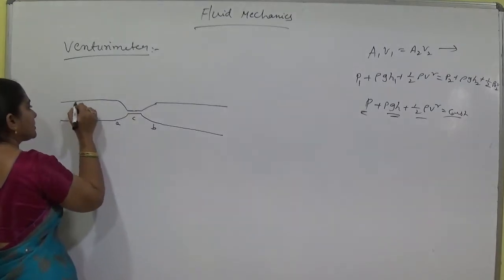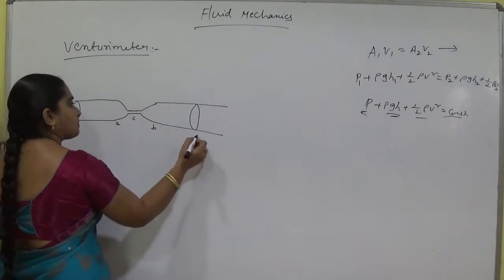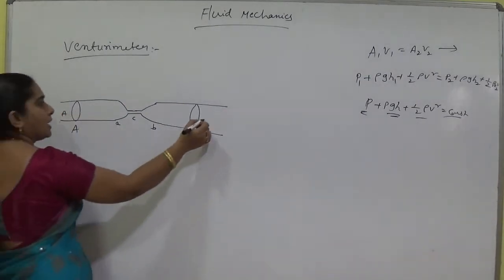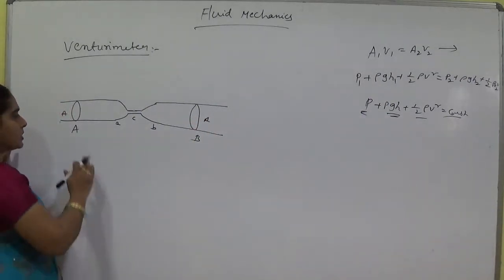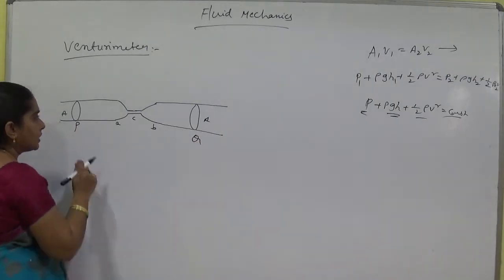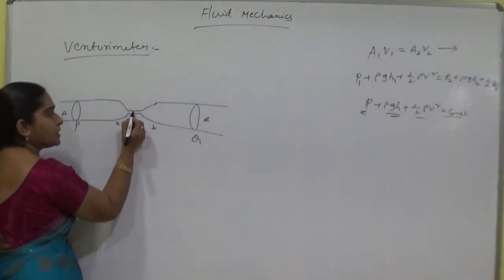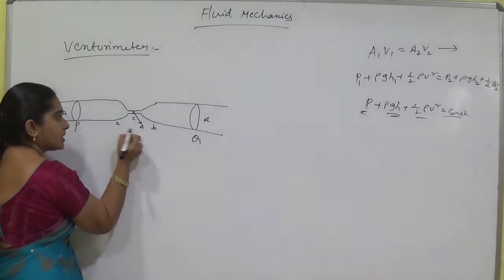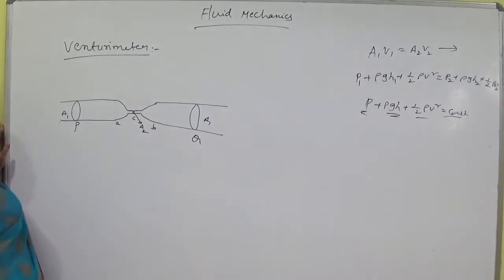The area of cross section of this pipe AB is the same, say at P and Q. In the middle, C is very narrow. This one has area of cross section A1 and this one A2.